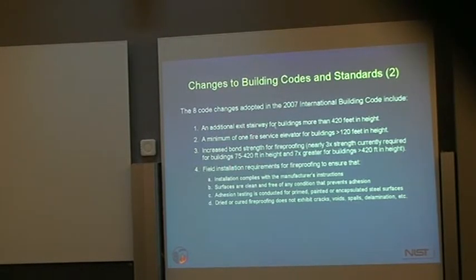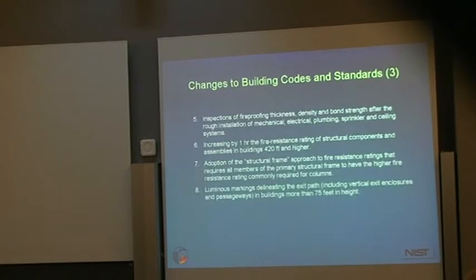An additional exit stairway for buildings, a minimum of one fire service elevator. Before that, we were not allowed to use elevators during emergencies and during fires, but now there is a provision in the code to allow a fire service elevator for tall buildings, increased bond strength for fireproofing, installation and also inspection, as you can see in the next slide, for fireproofing, and a lot of others.